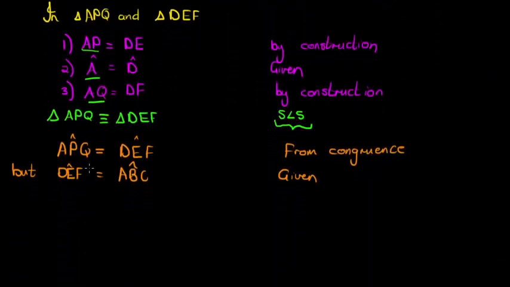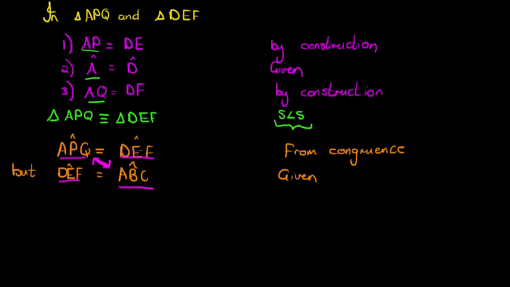Okay, but now I've shown that APQ is equal to DEF, but DEF is equal to ABC. That means that these two must be equal, isn't it? Because they are both equal to the same thing. That's called a law of logic. It means excluding the middle.